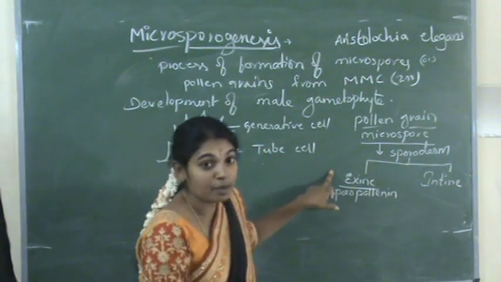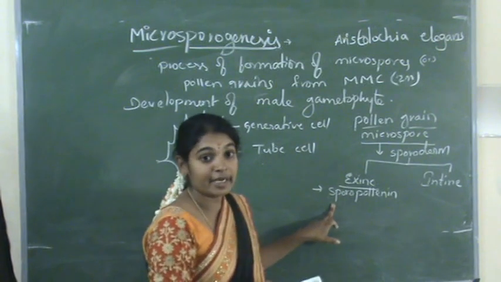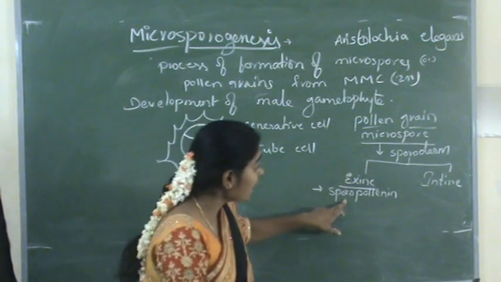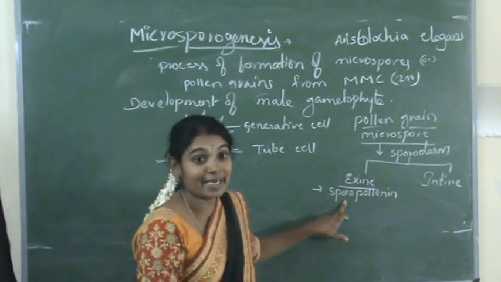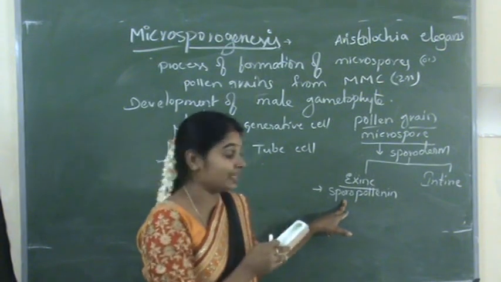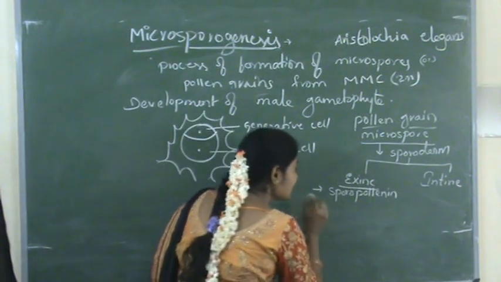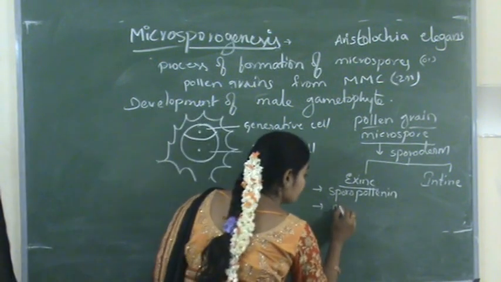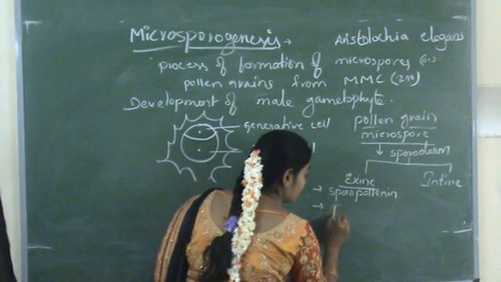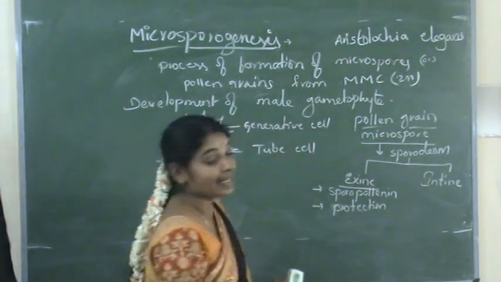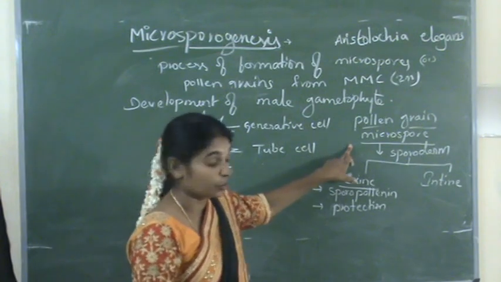This sporopollenin is secreted by the tapetal wall of the anther, and the exine provides protection to the developing microspore.